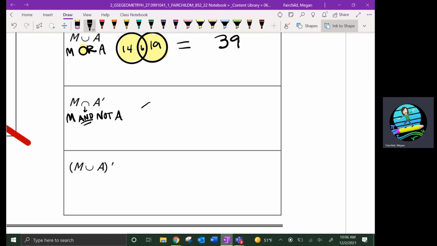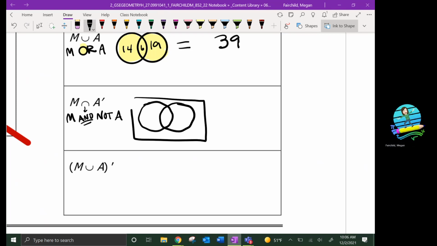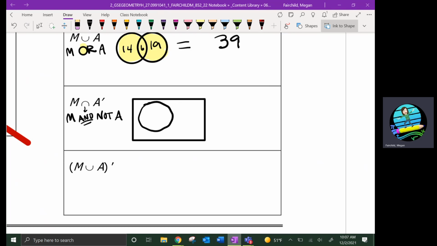If you shade M, then shade not A, and see where they overlap, right? That's what we're looking for, the overlap, the and. Go ahead and try it. Draw a little diagram.